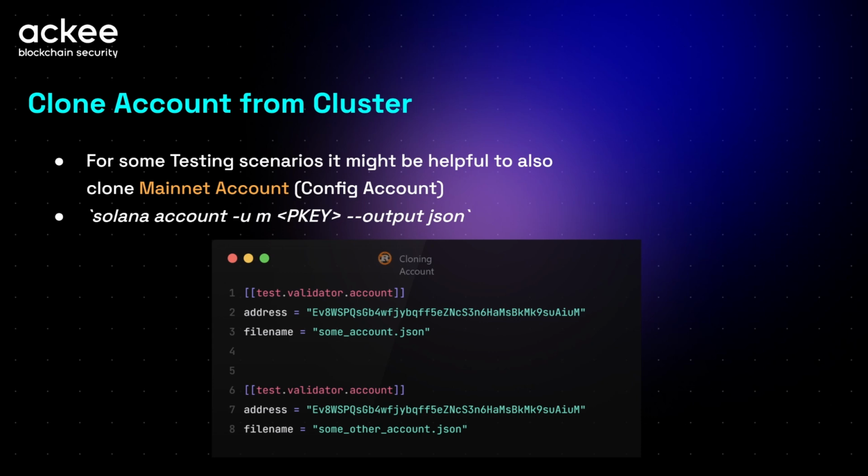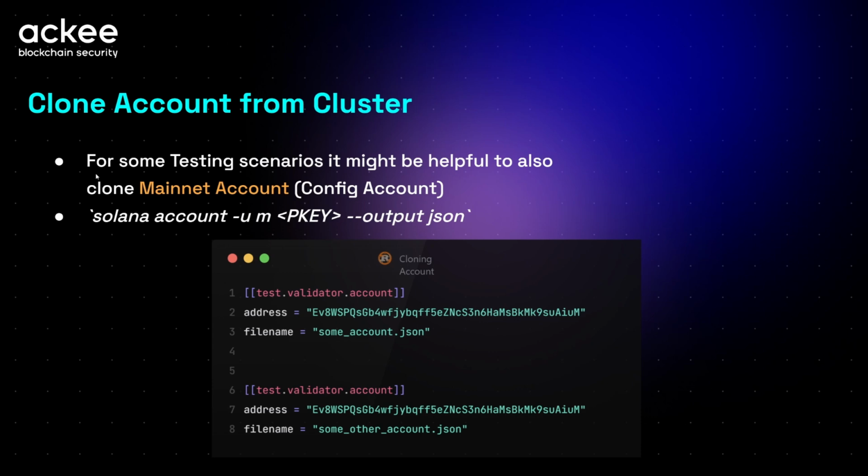The first option might be to initialize the config account yourself. The second option: you can clone the desired account from the desired cluster, and include it in the genesis of the local validator.